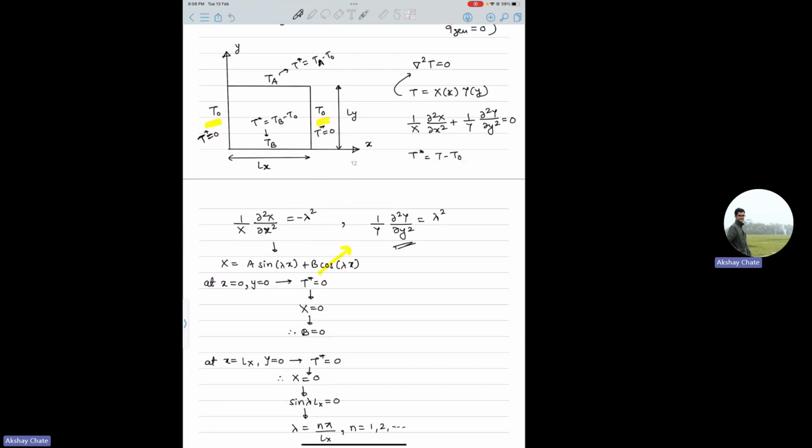Let's say you'll put some T star, it doesn't matter because anyway we are scaling everything, right?